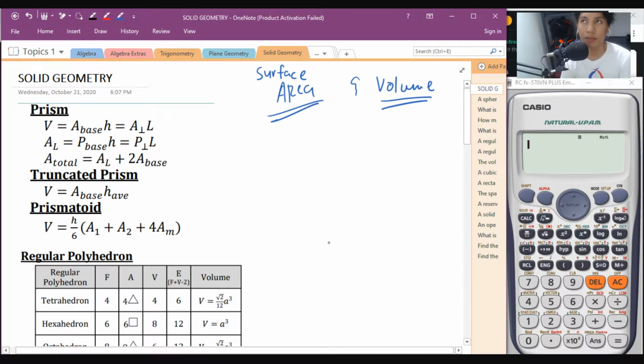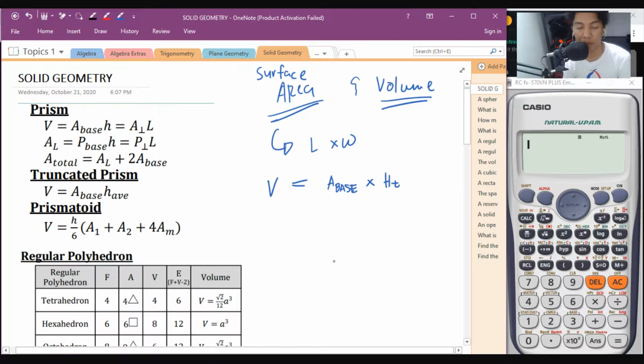Now, if you can see, yung surface area kasi, it is base times height or length times width, di ba? Dito, para makuha mo naman yung volume, the general volume formula for any solid is yung area of the base will be multiplied to the height that is given.